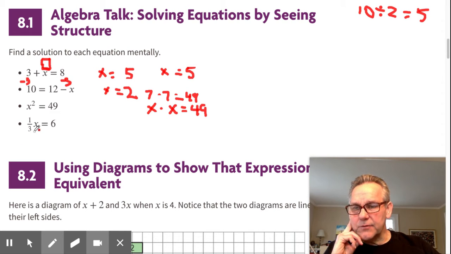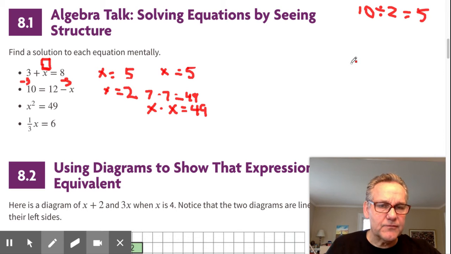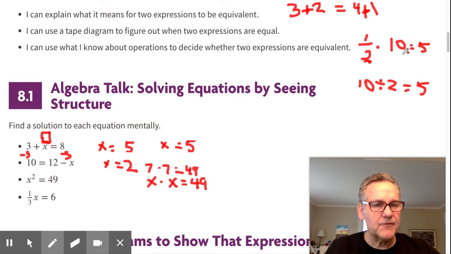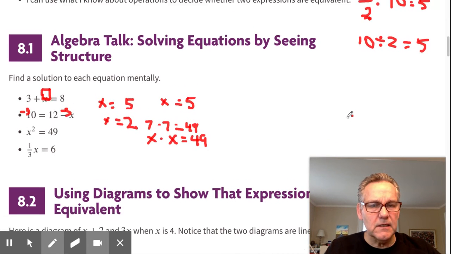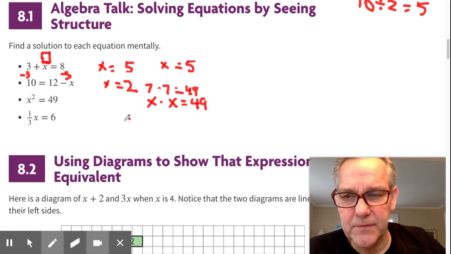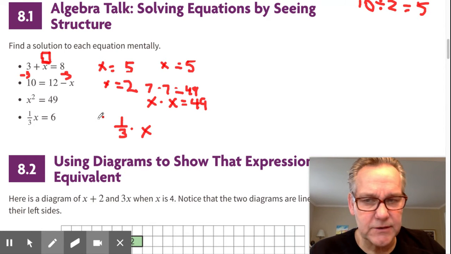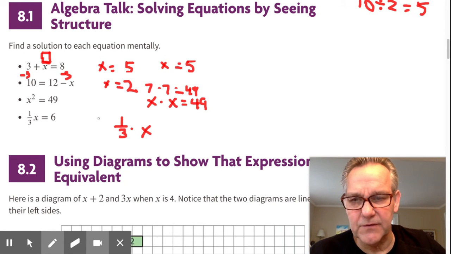And the last one, 1/3 times x is equal to 3. Well, remember when we talked about the half when we were up here? We talked about the half times 10 is equal to 5, is the same as 10 divided by 2. Same thing. So here, we can set this up and say, okay, 1/3 times some number, and then we're using x instead of a question mark or an empty box, equals 6.